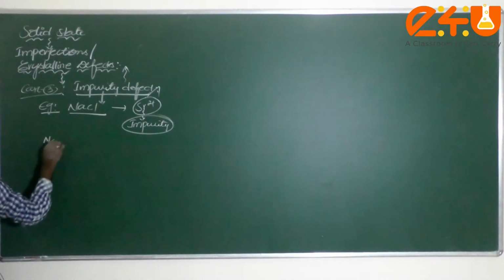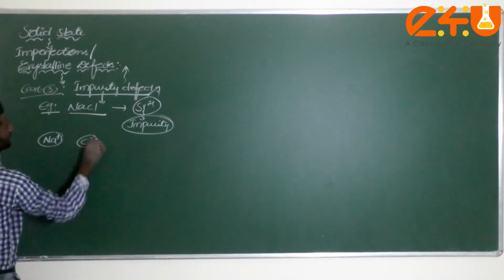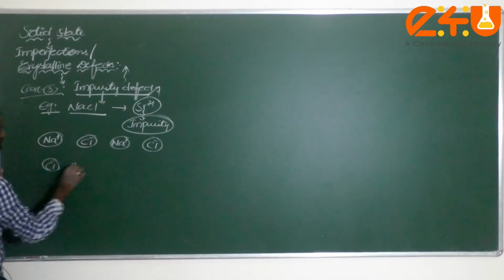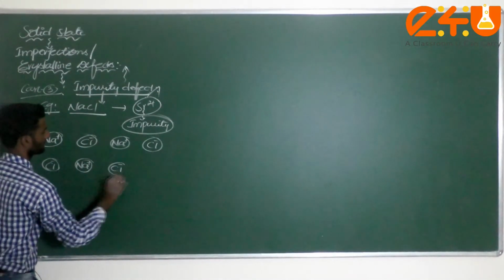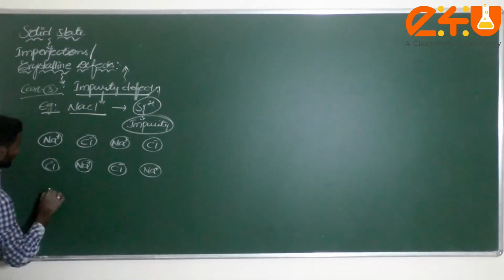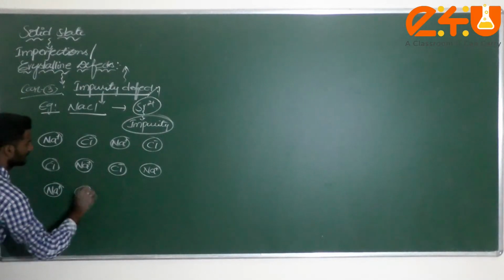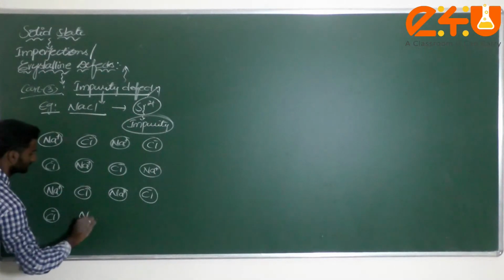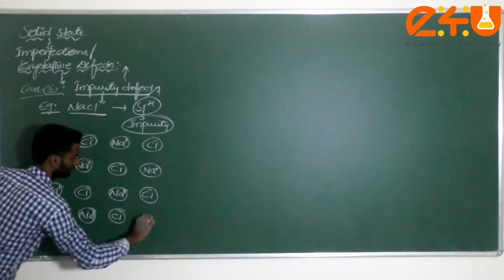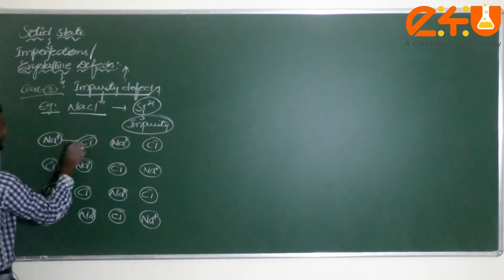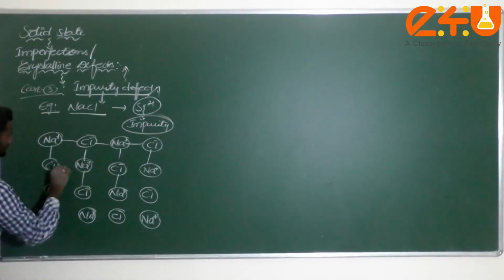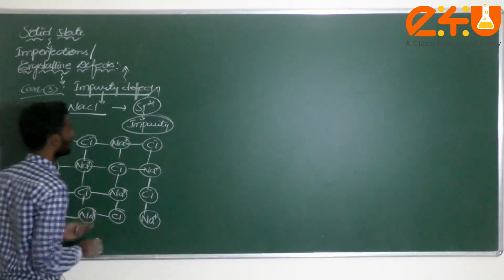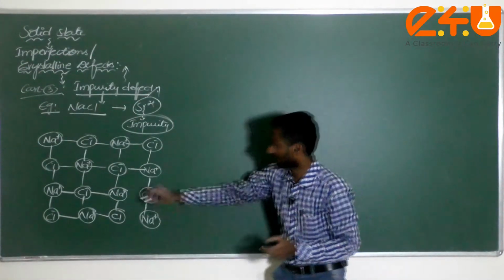Now I am taking the NaCl crystal, Na+ and Cl-, in the crystalline lattice.